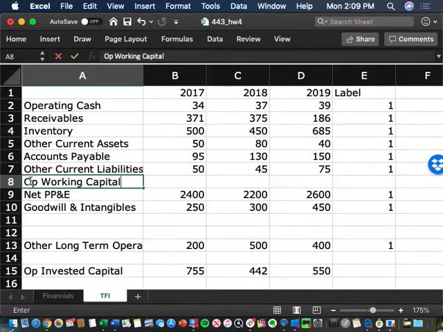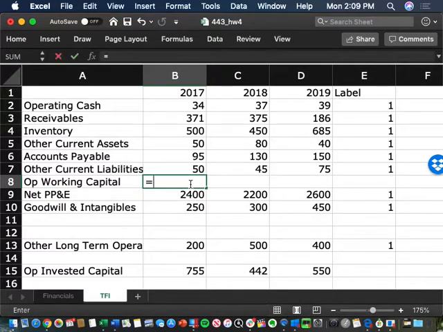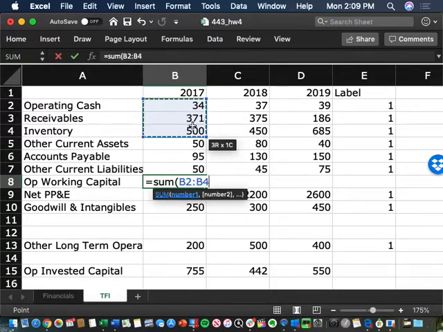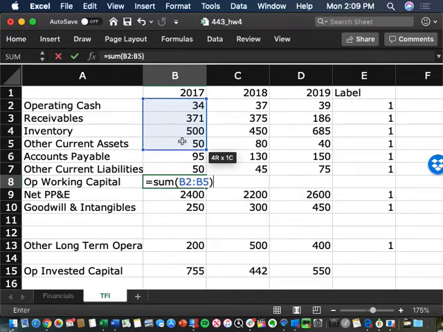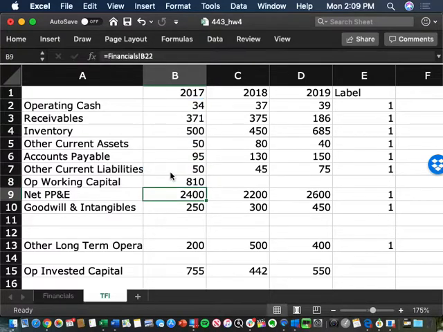And that will get us something called operating working capital. Again, different than the accountant definition of all current assets minus all current liabilities. So therefore, it is the operating assets that are current minus the liabilities that are current, not interest-bearing debt. So anything interest-bearing is a 3. We took that out.